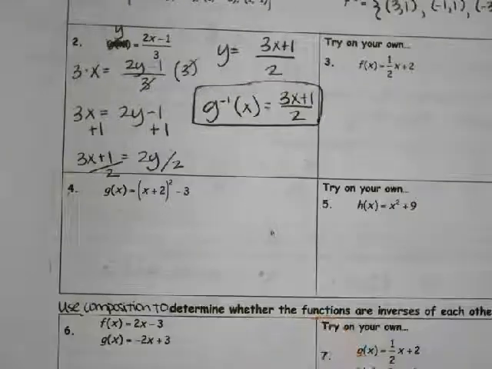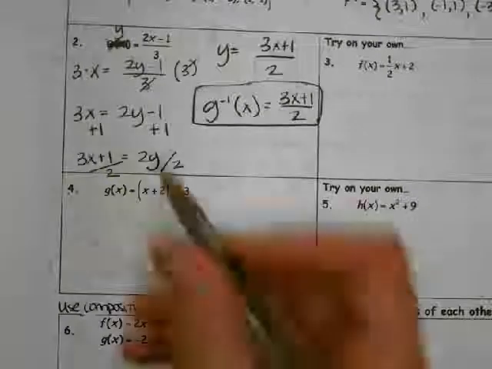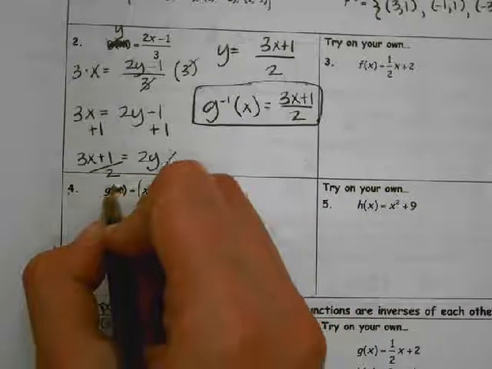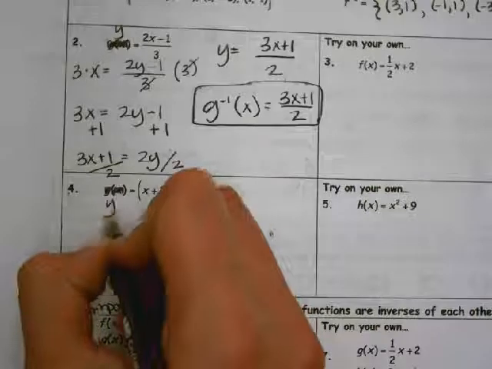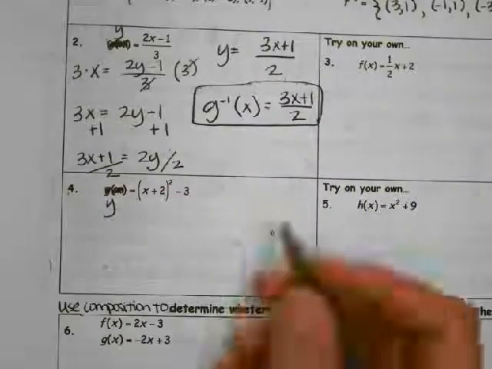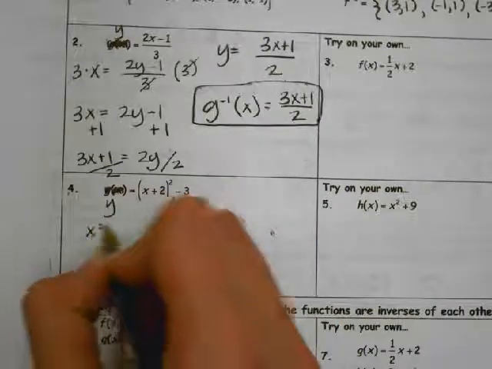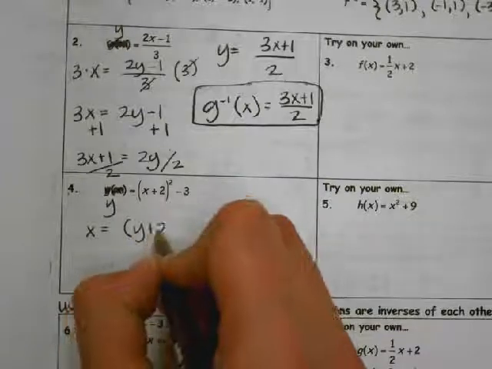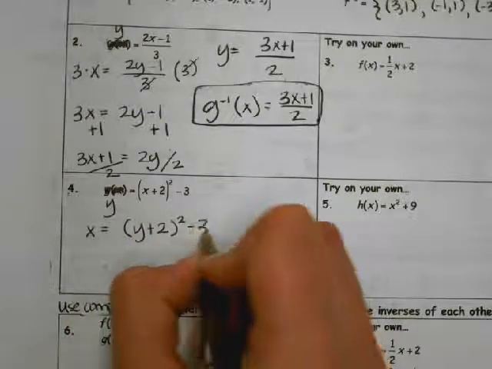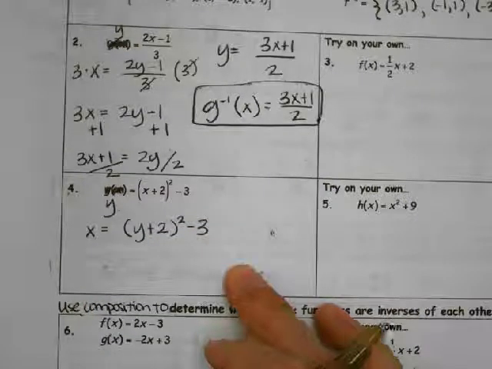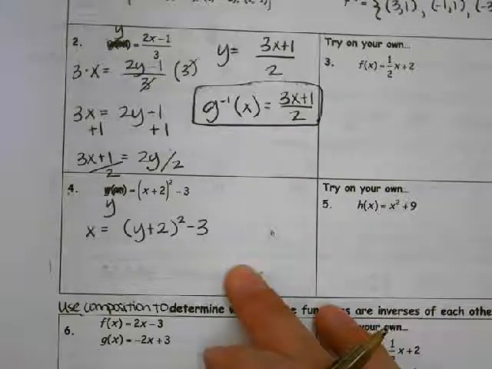All right, for this next one, again, I'm going to scribble out this g. I can see that that should be a y, and then I'll trade my x and my y. So x equals (y plus 2) squared minus 3. And I'm going to undo each operation. The first one that I can undo is that 3.